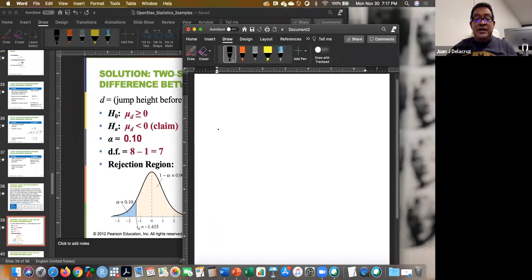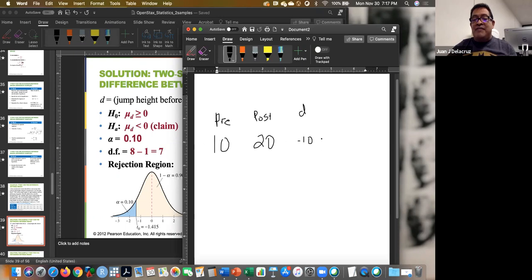So for example, the pre is low and the post is higher. For example, the pre is 10 and the post is 20, right? Just hypothesizing. So the difference is going to be minus 10, because we are going to subtract the post minus the pre.